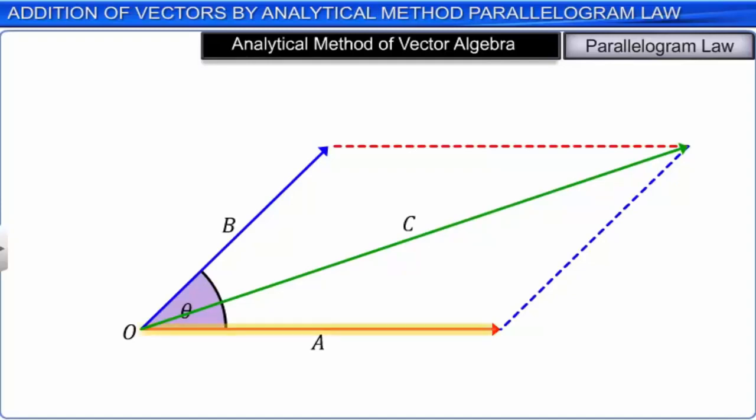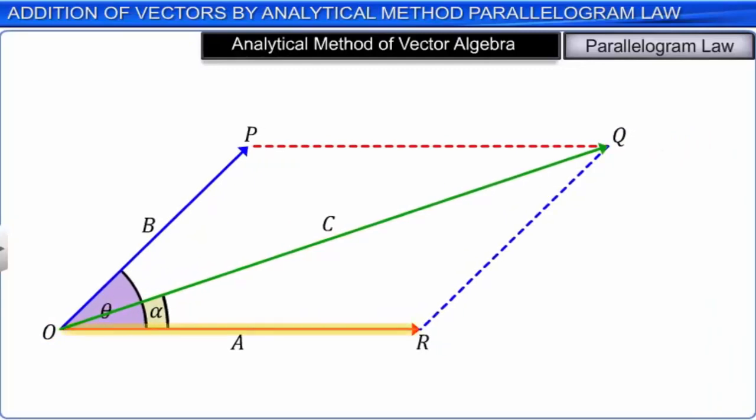The resultant vector C makes an angle alpha with vector A. In this figure, OP represents vector B. OR represents vector A and OQ represents the resultant vector C. Extend line OR.